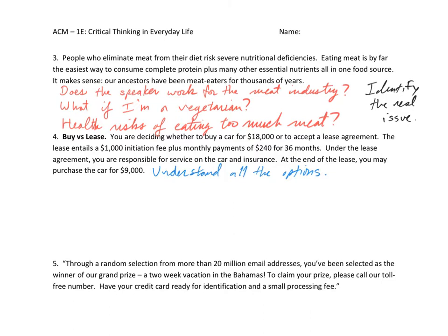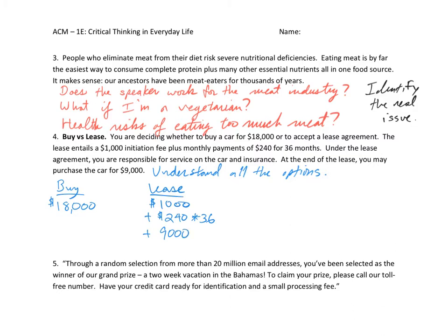So you could just go ahead and buy the car for $18,000. Or you could lease the car for a $1,000 initiation fee plus $240 times 36 months plus another $9,000 at the end.